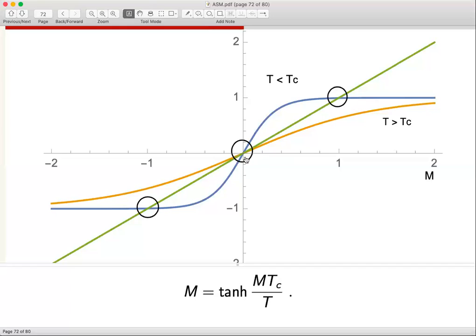There exists a stability analysis that you can do, and it tells us that if a function crosses the straight line from below, then that point is not stable. But if it crosses from above, then that point is stable.